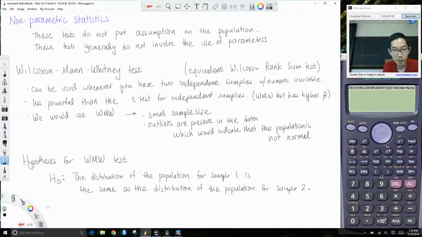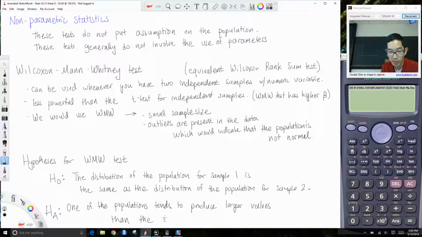And then the alternative would be that one of the population distributions produces larger values or smaller values than the other one. So we'll say one of the populations tends to produce larger values than the other population.